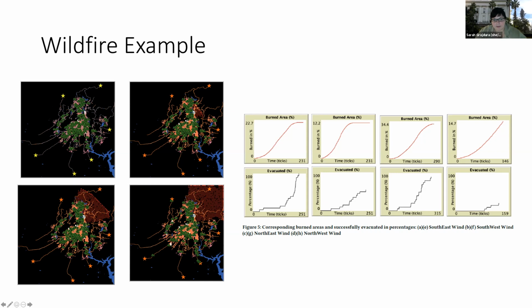The red here is the fire, which is spreading, and you can see how the agents change over time. And here are some of the plots that we made in NetLogo, like the percentage of burned area and the percentage of people evacuated.